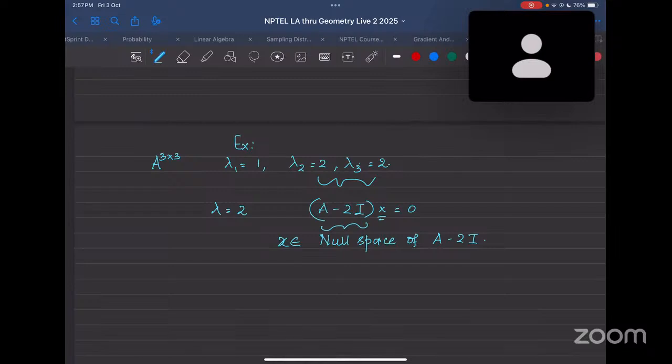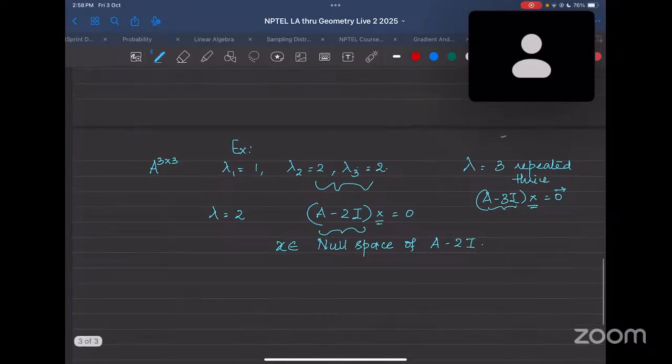Suppose I take another matrix where lambda is equal to 3, repeated thrice. Then what does it mean? This simply means I'm looking for (A minus 3I) x equal to the 0 vector. And this implies I'm again going to look at the null space of A minus 3I.